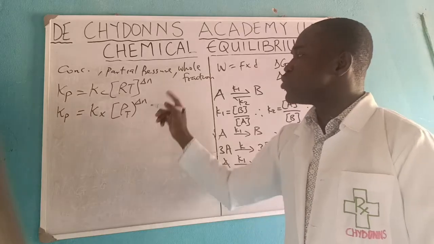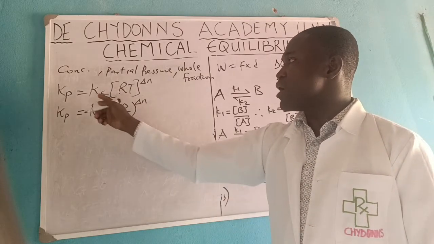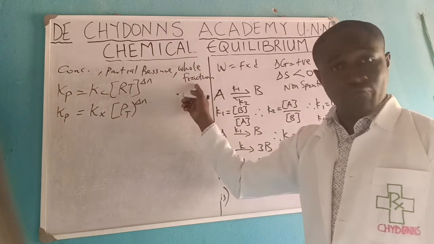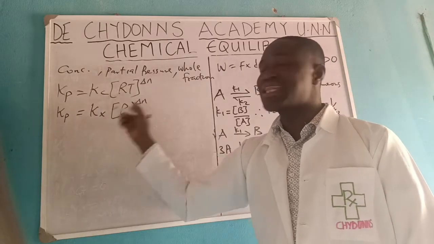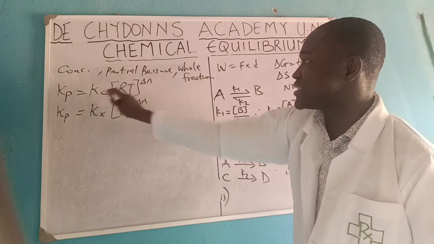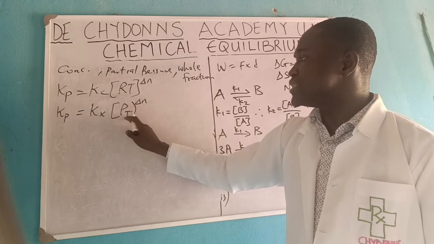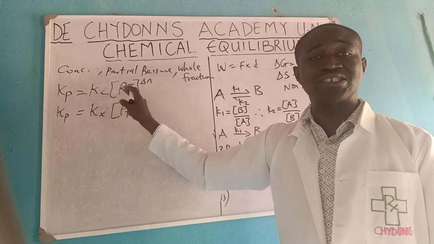So we can represent them in this way. What do we mean by change in n? What do we mean by Kc? Equilibrium constant with respect to concentration, Kx is equilibrium constant with respect to mole fraction, and Kp is equilibrium constant with respect to partial pressure. That is how they are related. Then what do we mean by PT? This is the total pressure. R is the universal gas constant.